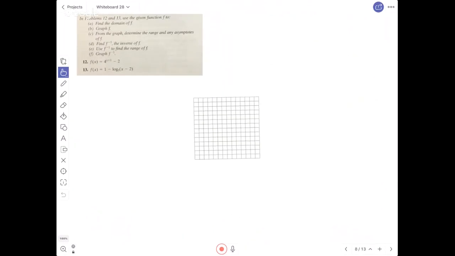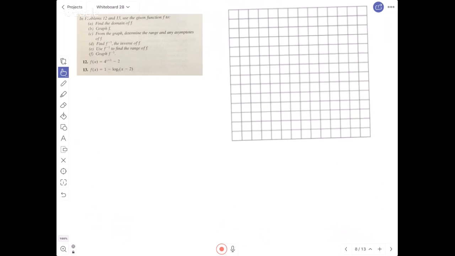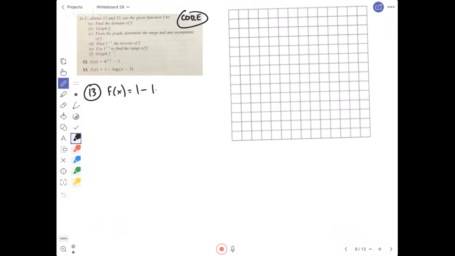Okie doke. So number 13. We're still looking at a core standard. Find the domain of f. Well, here I've got f of x equal to 1 minus log base 5 of x minus 2.